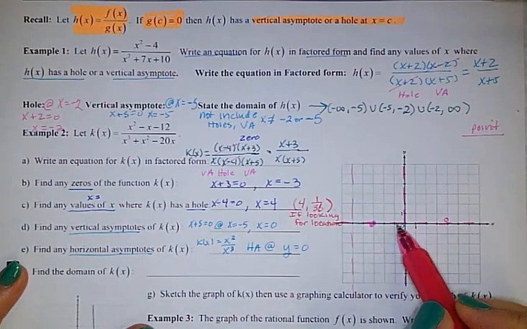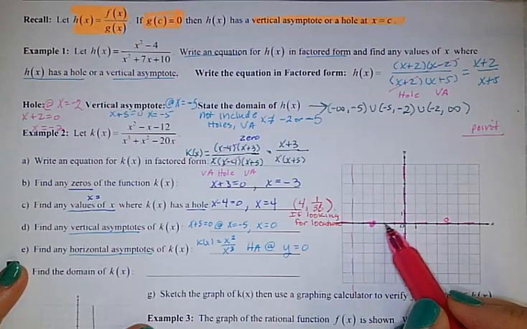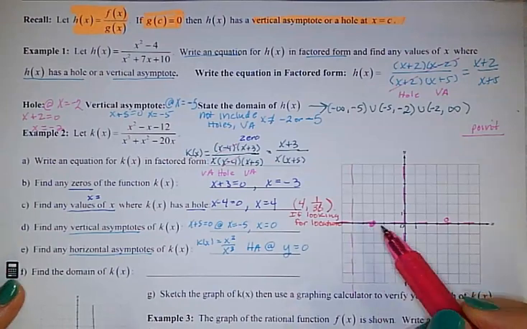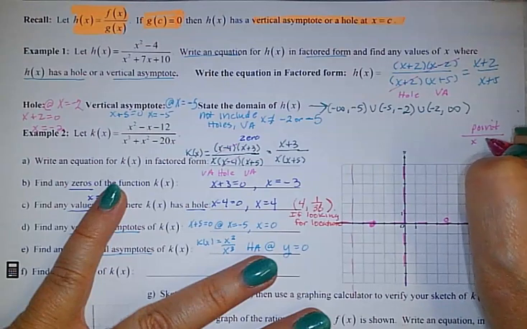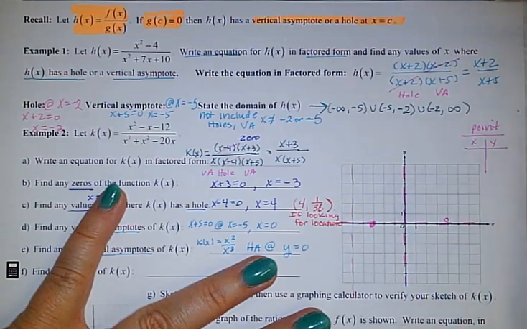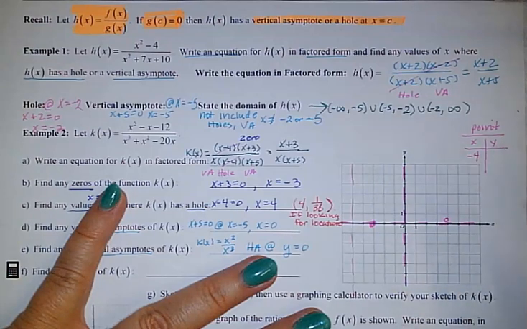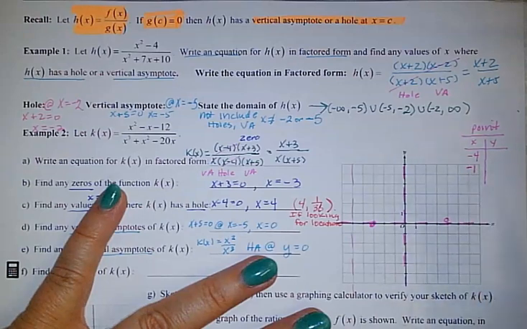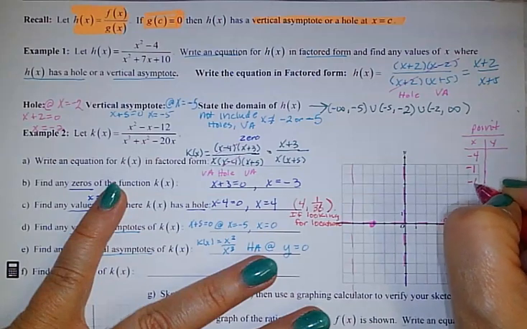So this is -1, and if I pick, what was this at? 1, 2, 3, if I pick, let's say -4, then I could plug it back in and find my values. So I'm going to make a list of x, y coordinates to help me finish out this graph. When x is -4, what's y? When x is -1, what's y? And then I need something over here on this side, so I'm going to pick -6.